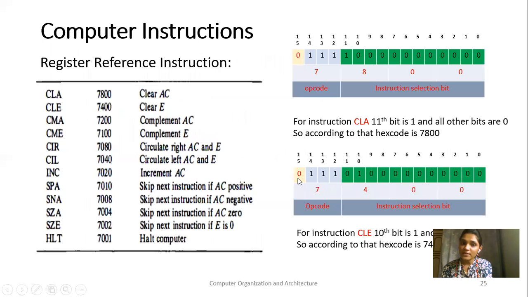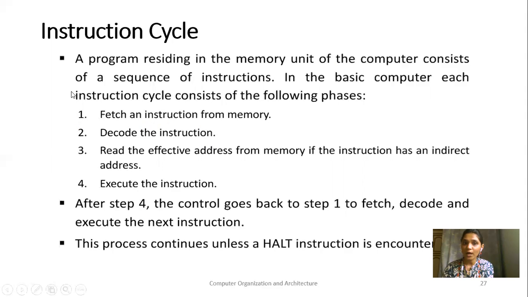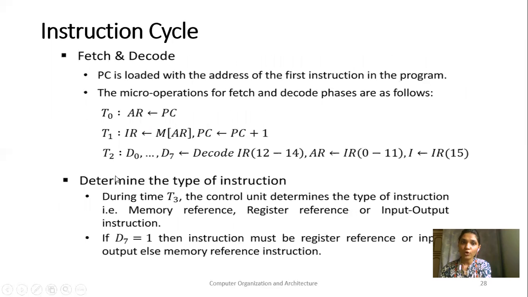So all of these 4 tasks that we require to complete to execute any instruction will require timing signals. For the first timing signal, first thing, you will require the address of the instruction, that is, at which location you are going to fetch the instruction from memory. But for fetching the instruction, you will require first thing, the address of the instruction.